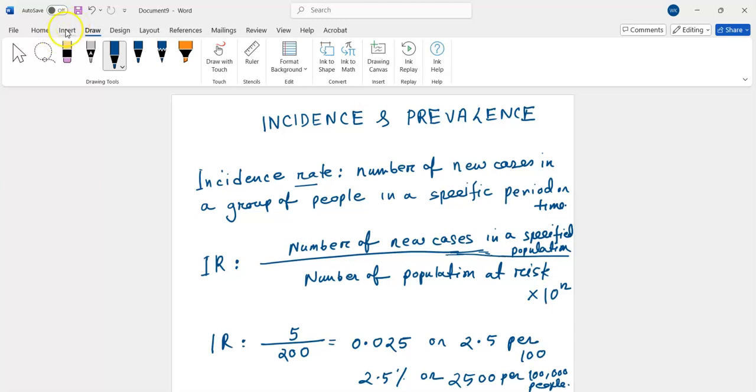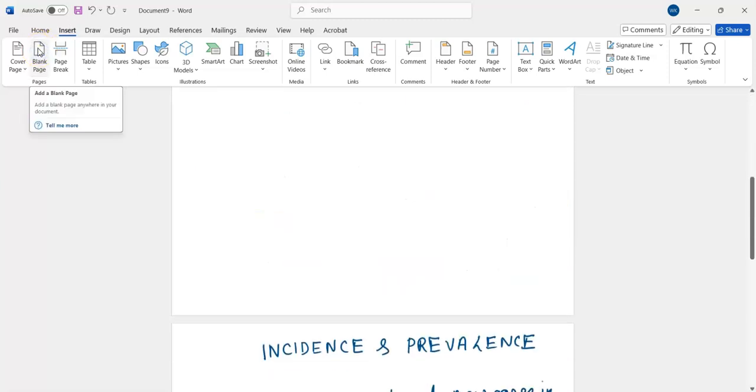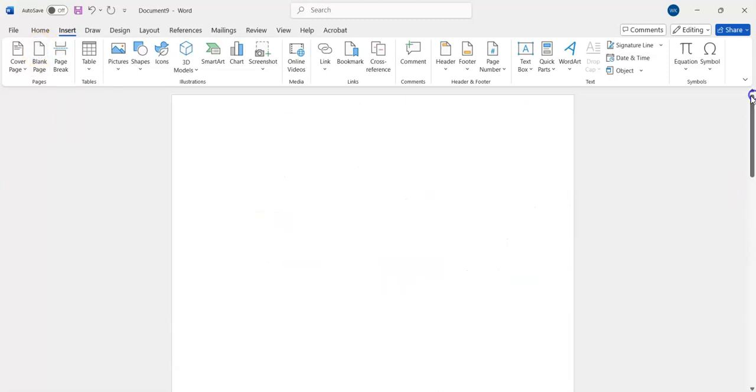So now we are going to learn what attack rate is. Attack rate is also an incidence, but it is cumulative incidence.